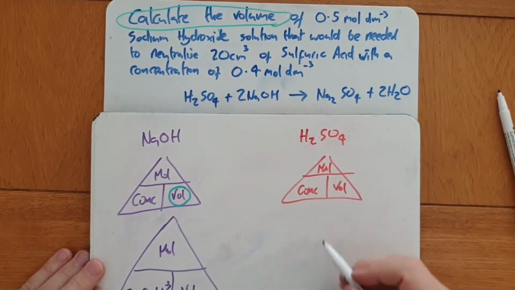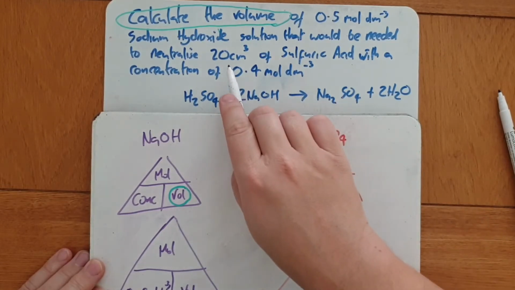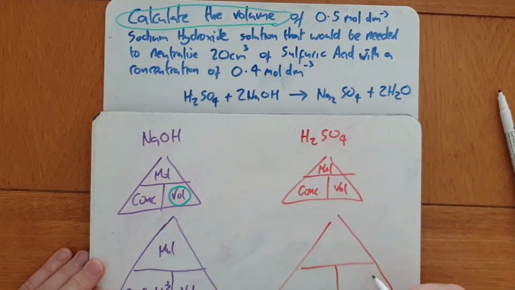What do we know about the sulfuric acid? We know the volume's 20 centimeters cubed. So we've got 20, but it's in centimeters, so we need to divide it by 1,000 because it's centimeters cubed. We need to turn it into decimeters cubed.